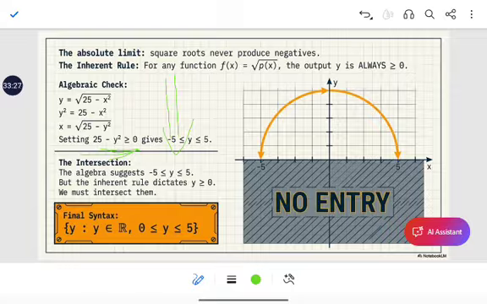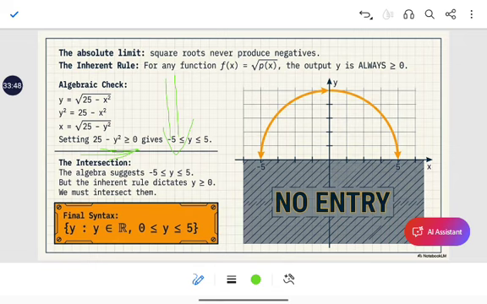It means anything greater than 5 or less than -5 makes it undefined. Okay, good.